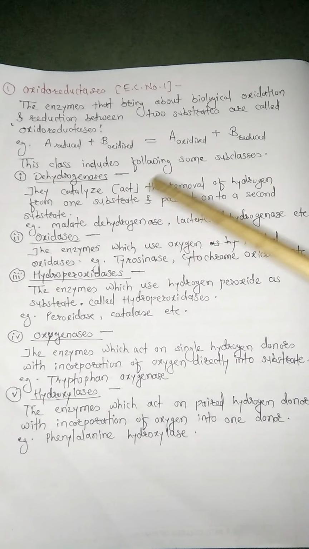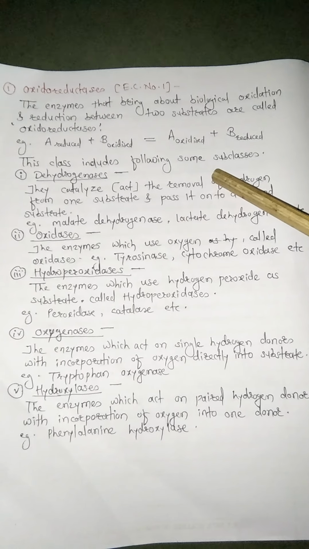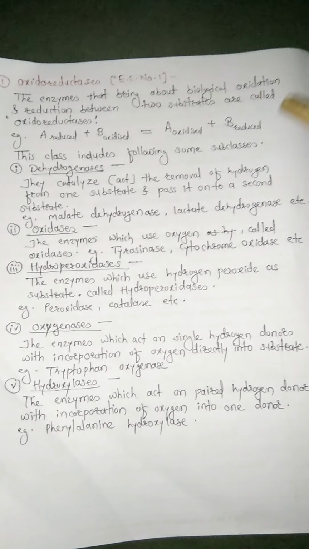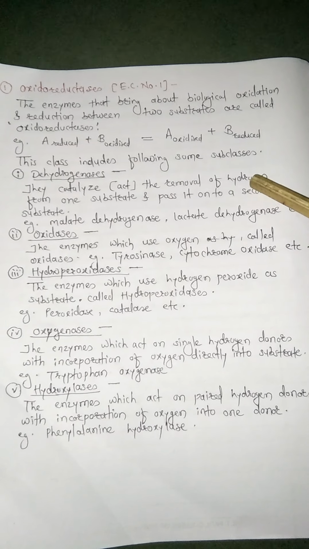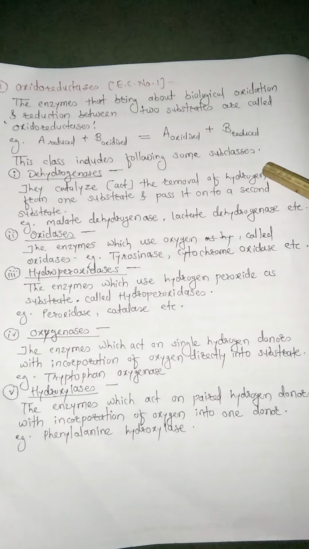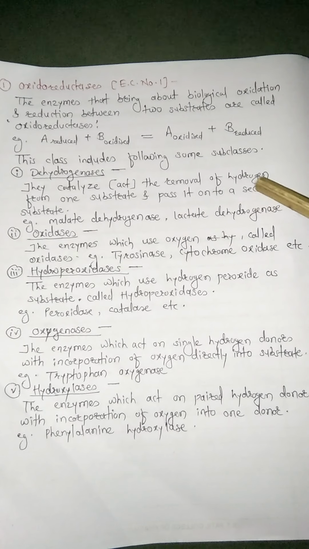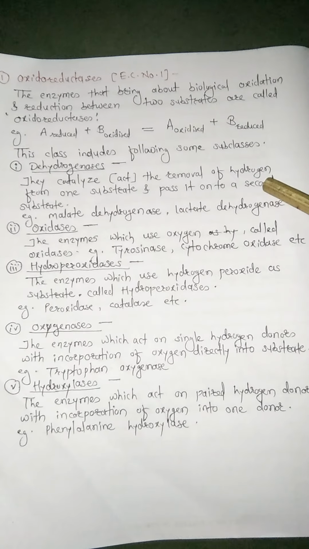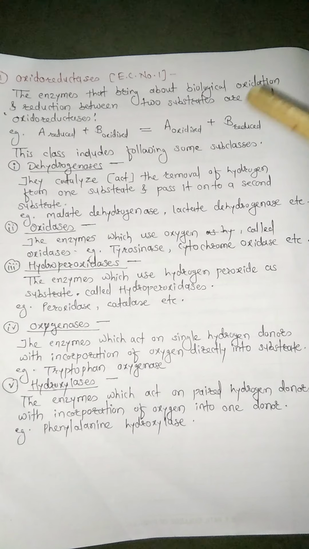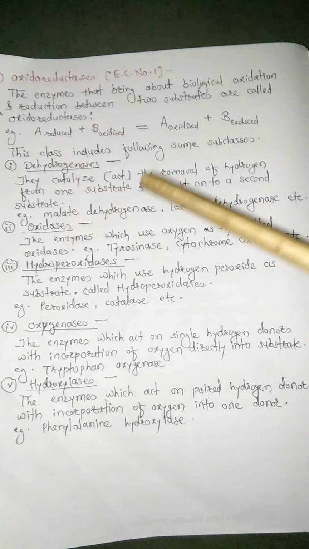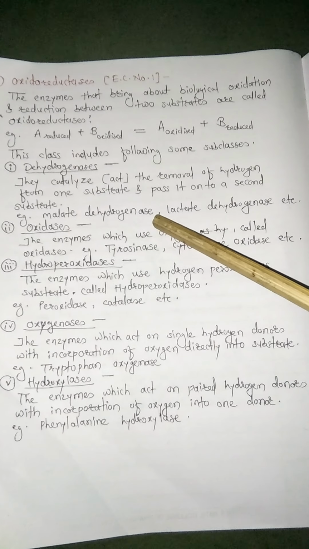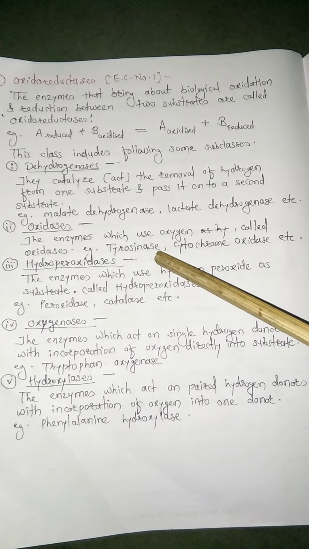First is the dehydrogenases. On the basis of the name, it removes hydrogen. It catalyzes the removal of hydrogen from one substrate and passes it to another. So one substrate removes the hydrogen and passes it to the next one. Example, malate dehydrogenase. Next, oxidases.